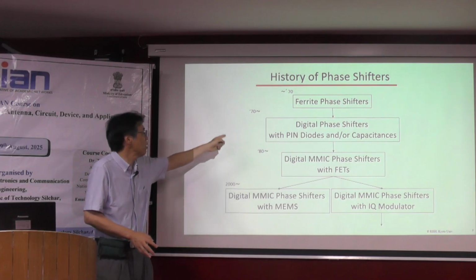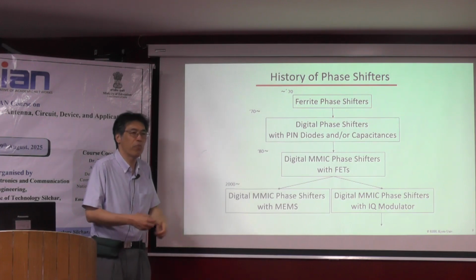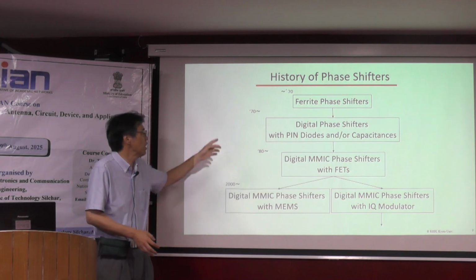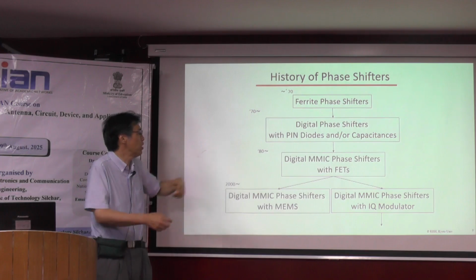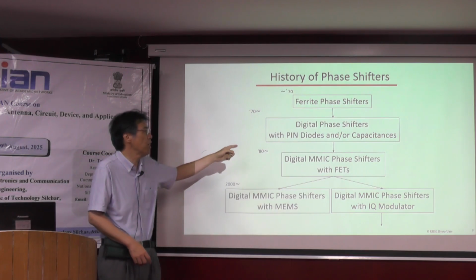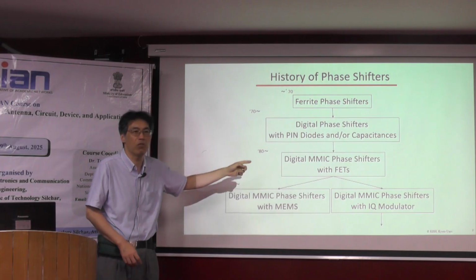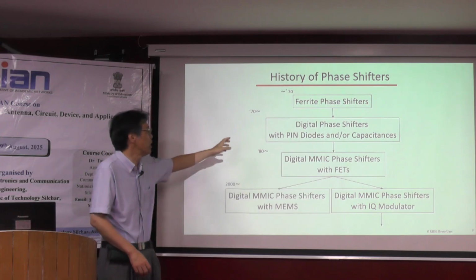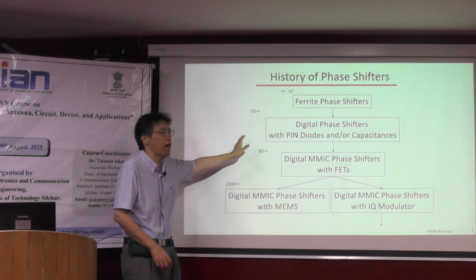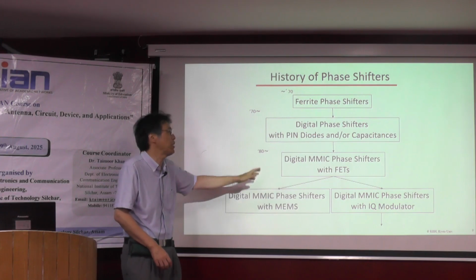And after the 70s, microstrip antennas and microwave circuits were born. Here we developed the digital phase shifter with a pin diode or capacitance, etc. And now we use very similar phase shifters with a diode or capacitance.